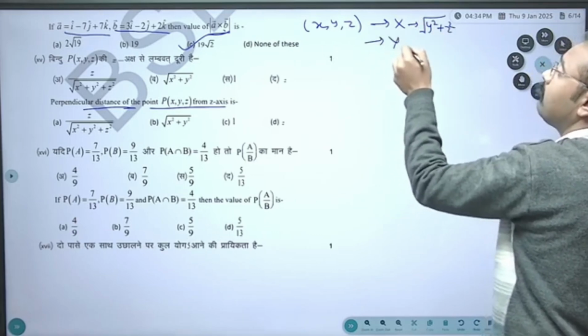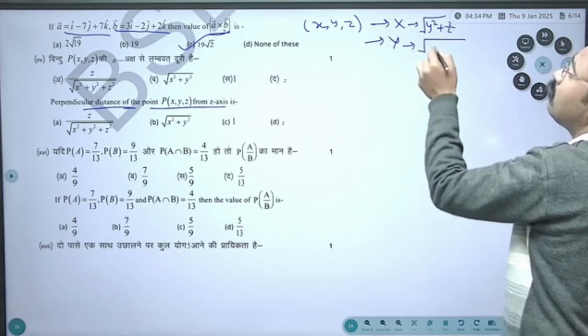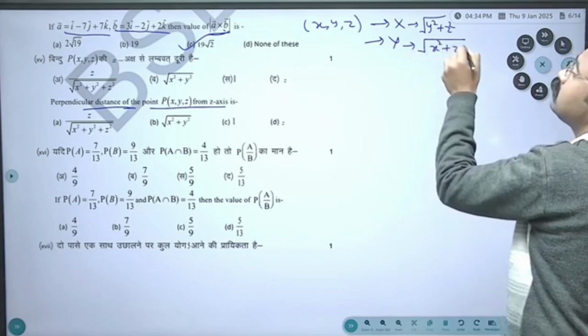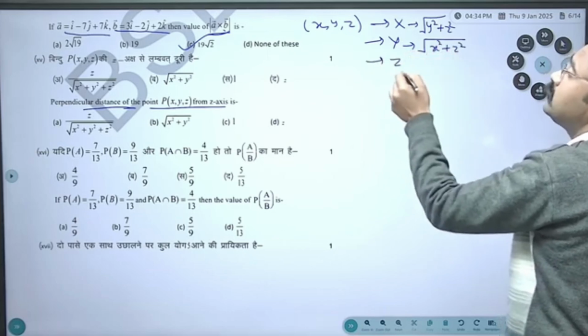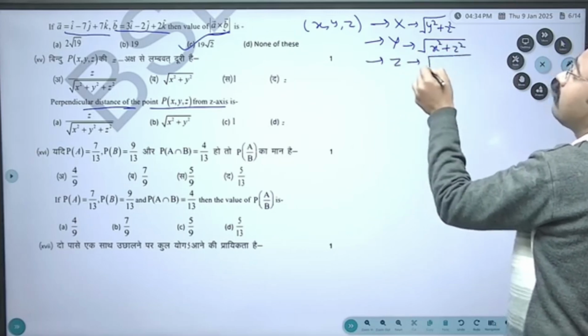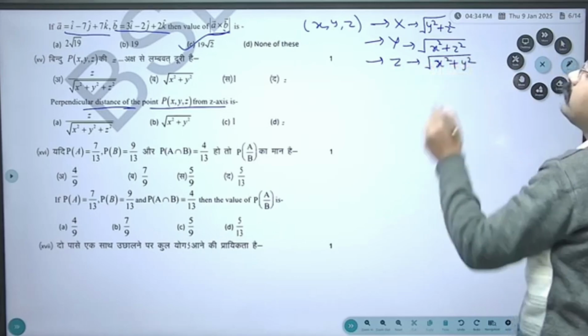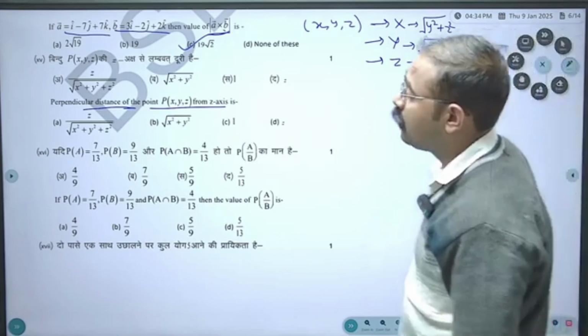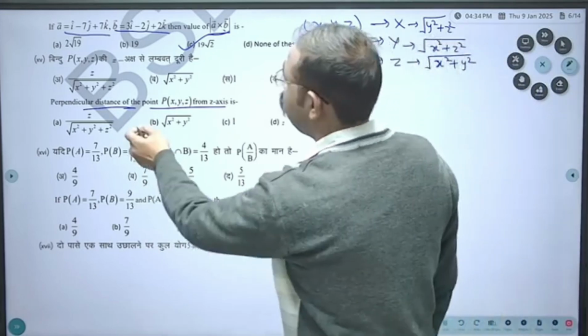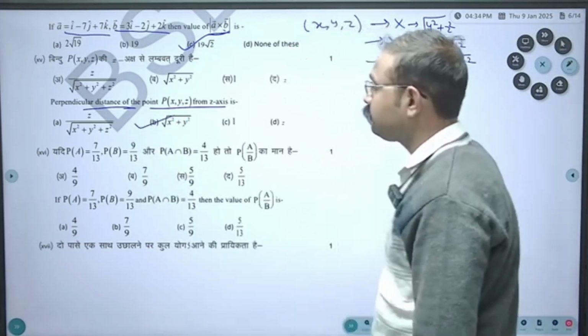Perpendicular distance of a point from y axis, leave y coordinate, and then it will be square root of x square plus z square. Perpendicular distance from z axis, leave z coordinate, and square root of x square plus y square unit is our answer. So option B is correct option.